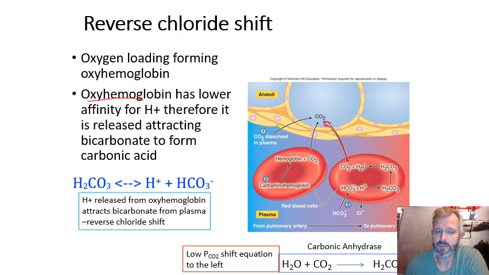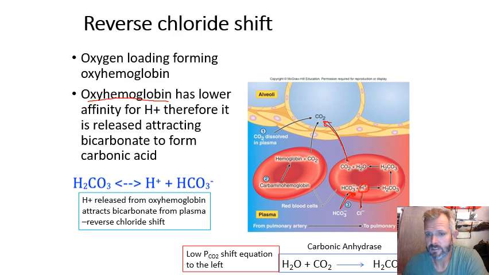Oxyhemoglobin, unlike deoxyhemoglobin, does not like the protons, so the protons get released from the hemoglobin in the red blood cells. That draws the bicarbonate back in. As the negative bicarbonate comes in, the chloride shifts back out.